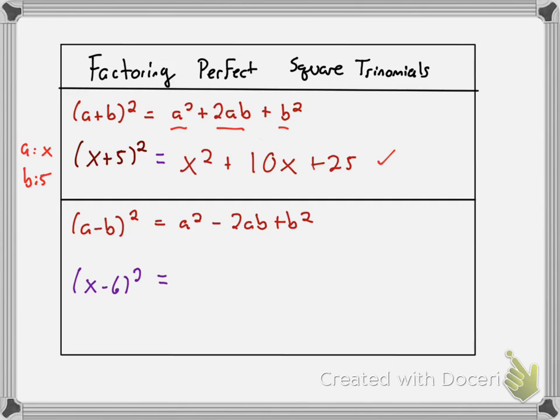If I just do the shortcut, if I make my a value x and my b value 6, instead of going through all the FOILing and expanding this, I could just say this factored out would be x squared minus 2 times x times 6 plus 6 squared.